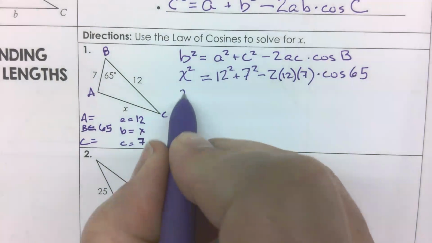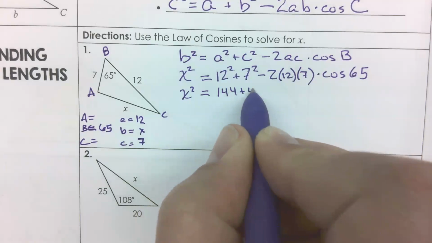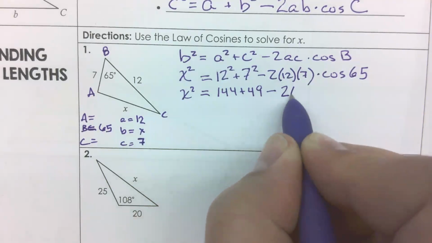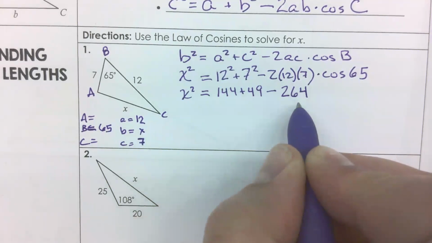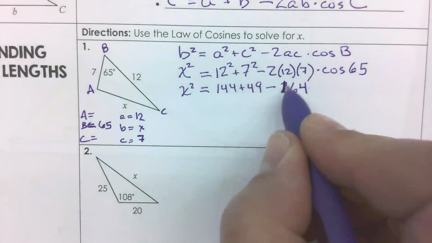Let's clean it up a little bit. X squared equals 144 plus 49 minus 2 times 12 times 7. 168, not even close.